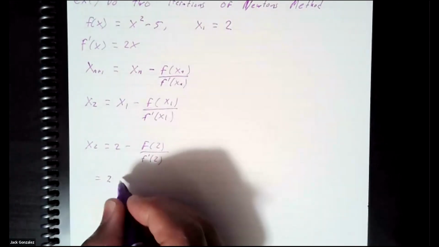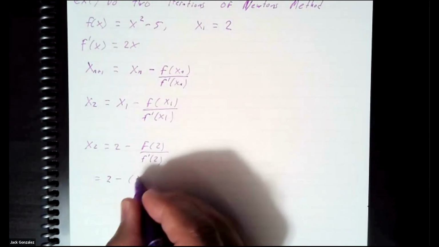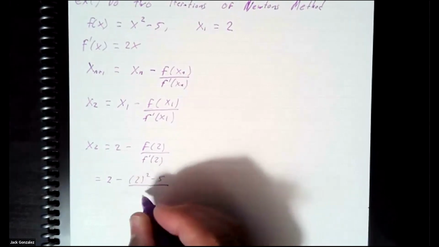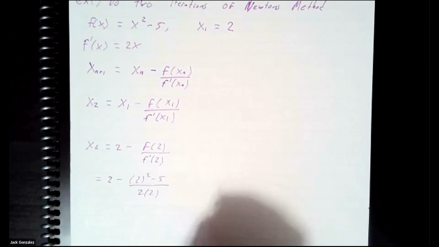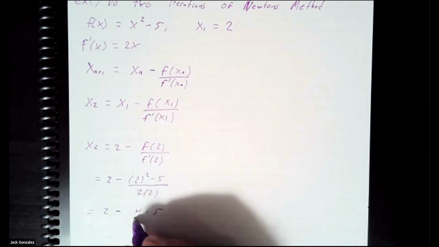So that is 2 minus, how would that be? 2 squared minus 5 over 2 times 2. So that gives us 2 minus (4 minus 5) over 4.